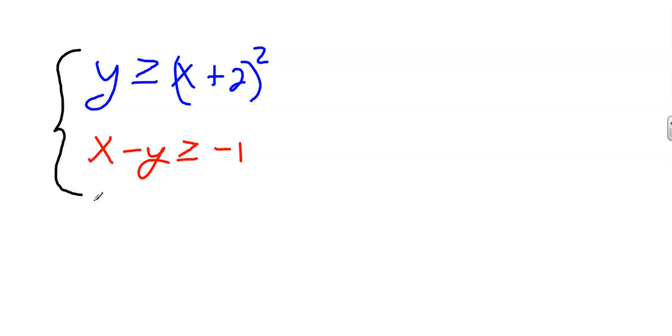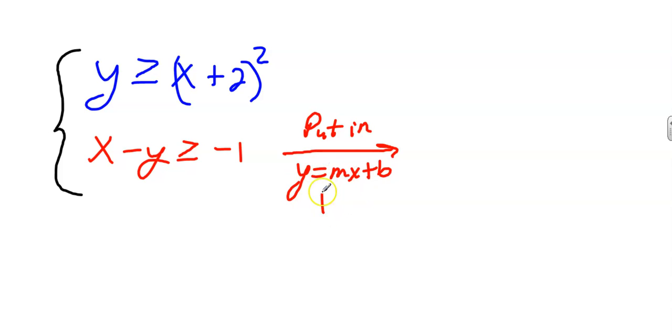Okay, blue line is good. We don't have to change anything on that one. But the red line, we do need to put that one in y equals mx plus b form. So let's do that first. For this one, we're going to subtract the x first. That's -y greater than or equal to -x minus 1.